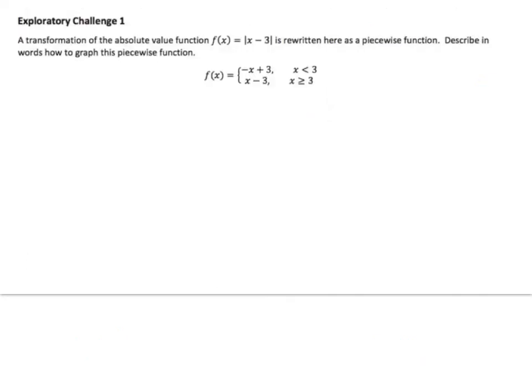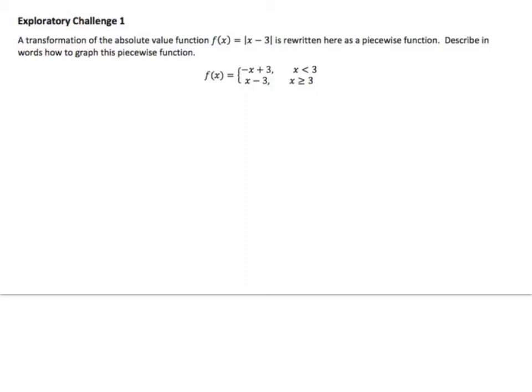So Exploratory Challenge 1, a transformation of the absolute value function f of x equals absolute value x minus 3 is rewritten here as a piecewise function. Describe in words how to graph this piecewise function. So these are two lines.